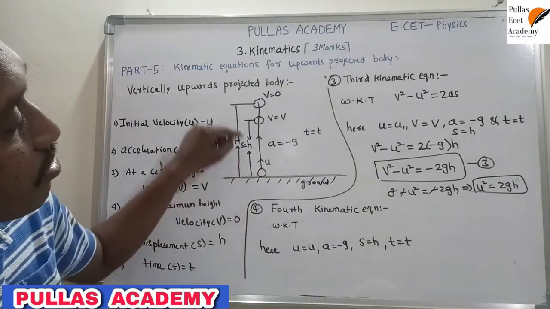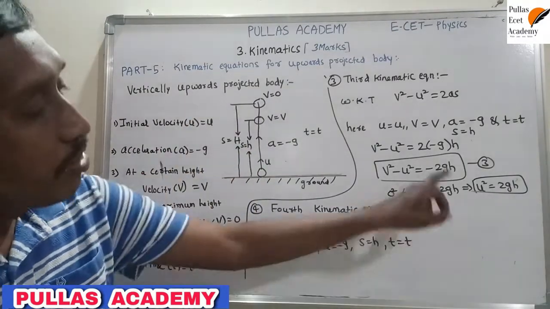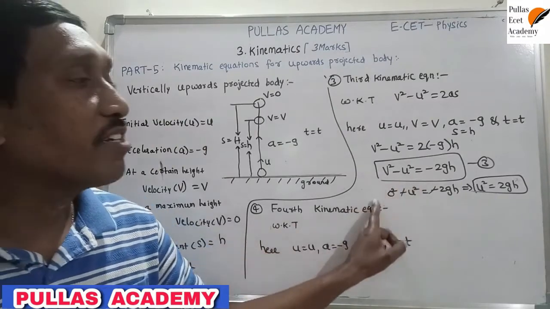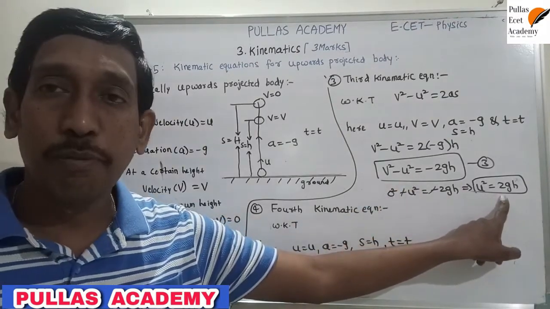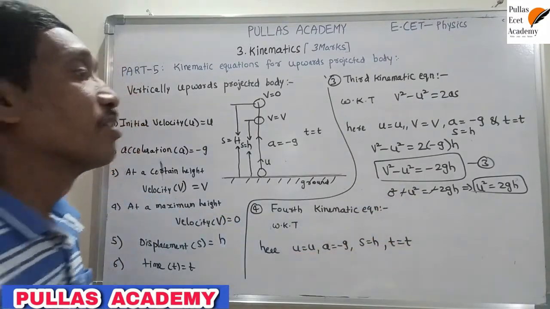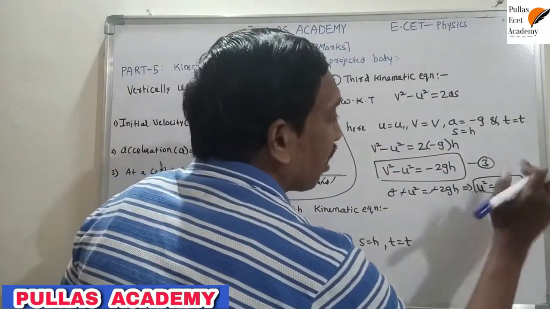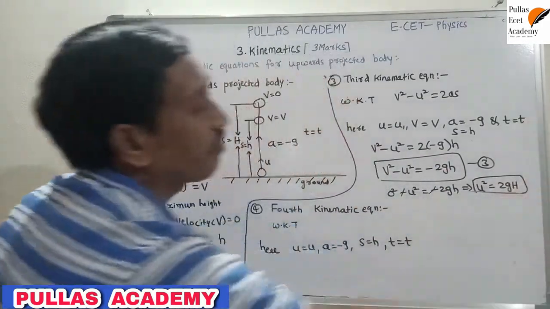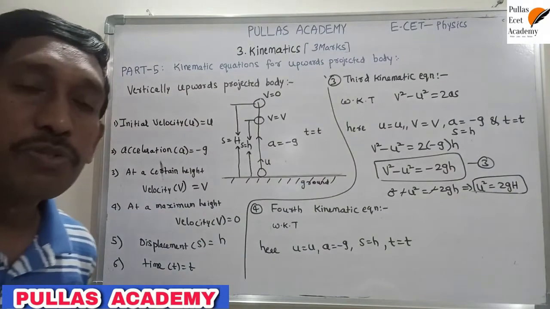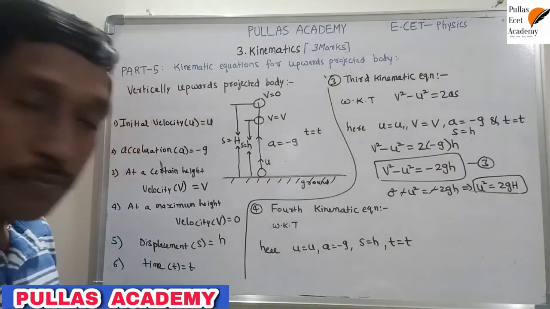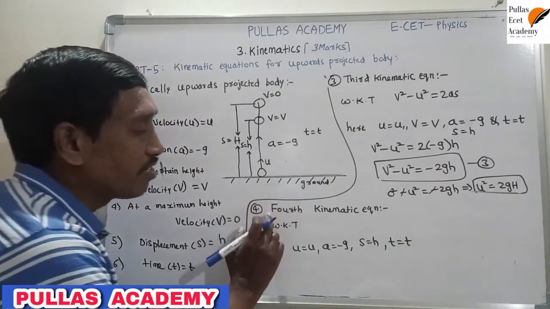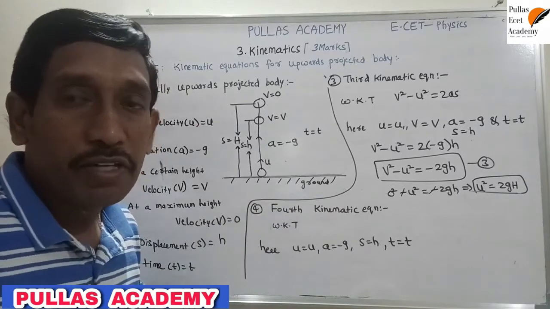If it reaches any certain height, use the earlier formula; if it reaches the maximum height, use this formula. That's the difference. For maximum height, we consider capital H, so u square is equal to 2gH is the formula.